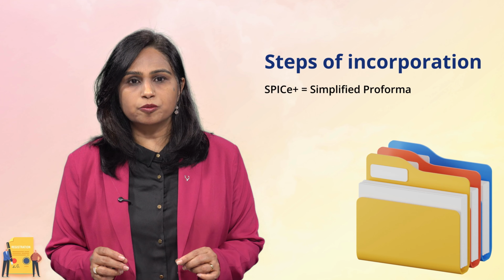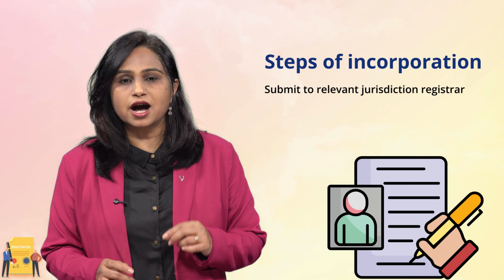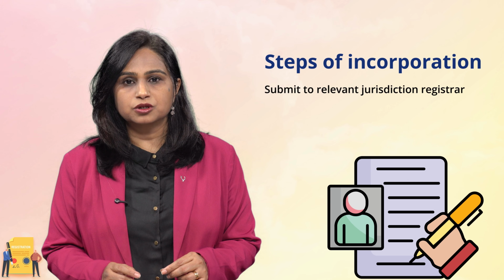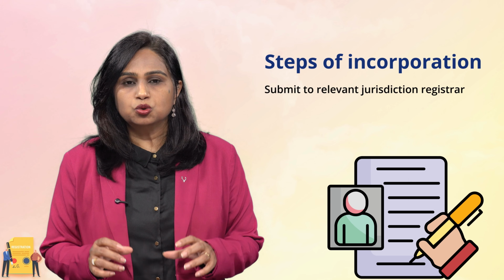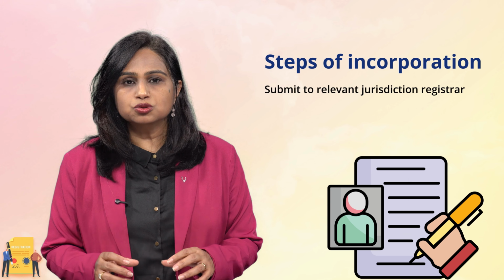Also, one important point to remember here is that all these forms and documents are prepared and submitted to a registrar in whose jurisdiction the company will come. The jurisdiction limit of a company depends upon the geographical location where a particular company is situated.